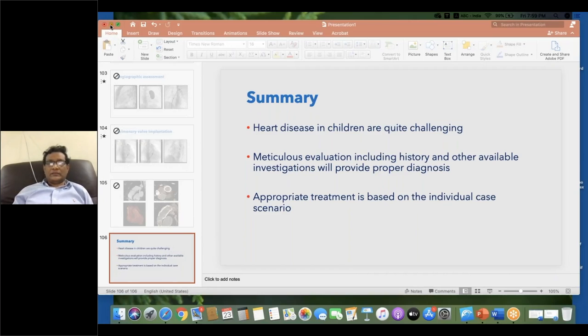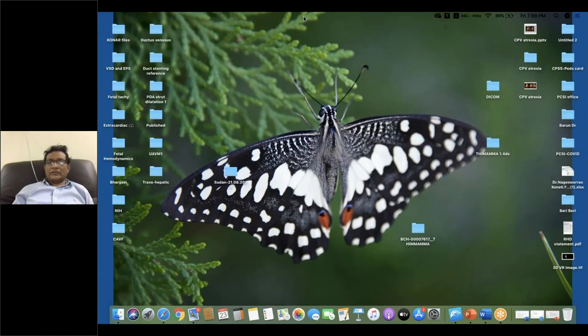LV dysfunction in newborn is one question from Dr. Naveen. Dr. Naveen, thank you very much for that question. LV dysfunction in a newborn is a very important question. Any newborn presenting with ventricular dysfunction, please remember it is a pressure-volume overload situation. So there is acute ventricular arterial decoupling. The left ventricle is actually not under stress during fetal life.